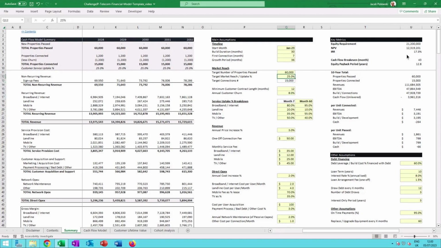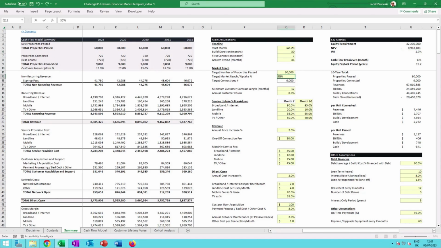You see, still making positive returns, but they have dropped from 24.8 to 17.3. Maybe then let's see what happens if I do 15%? Your returns drop to 2.7%. You see your NPV is actually negative, because I'm using a 10% discount rate. So that's the way to stress test the model and see what the weak spot is when it comes to market reach.